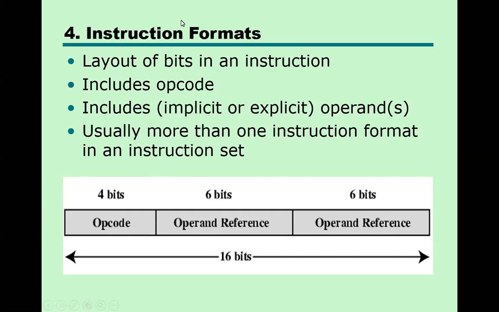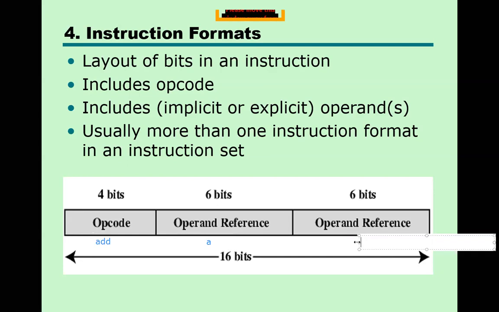For example, add is our opcode, and the operand reference could be A and B. So here, this opcode means what kind of operation you want to perform on A and B. And what are A and B? A and B are actually giving you a reference.